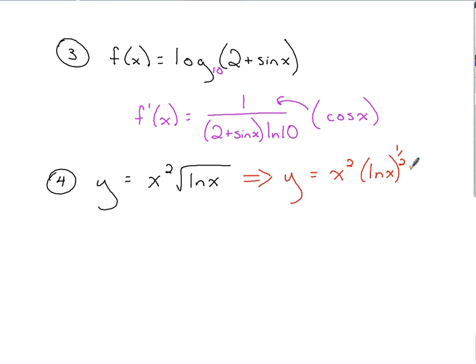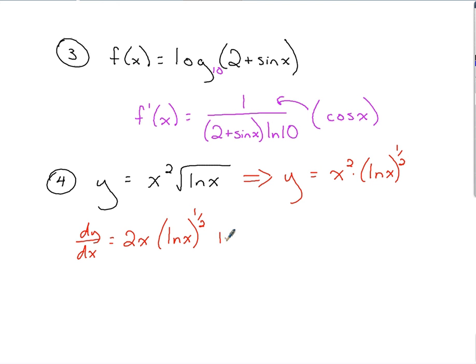We've got our product now, following our product rule, taking the derivative of y, we've got dy dx equals. First part of the product, x squared. Take that derivative, get 2x. Multiply on, second part of the product. Natural log of x as a quantity raised to 1/2.